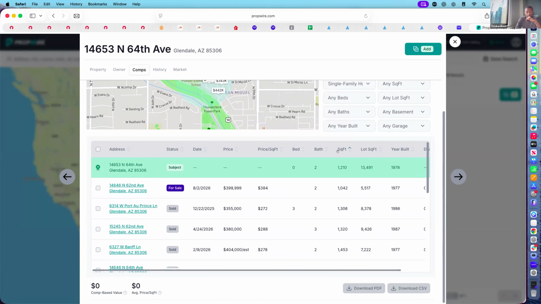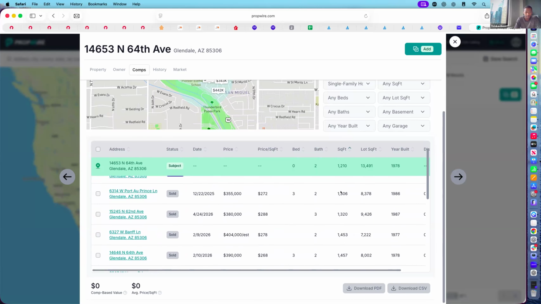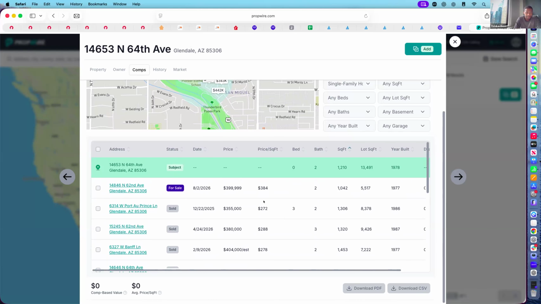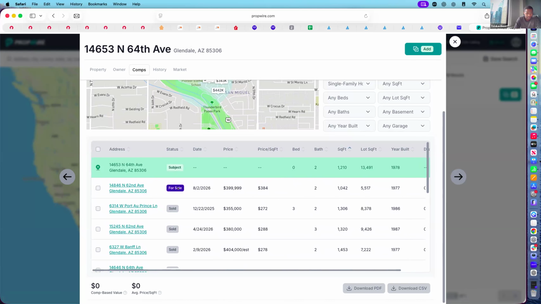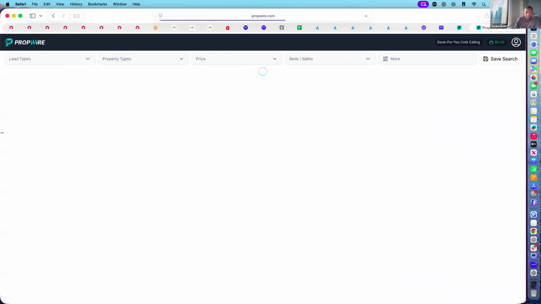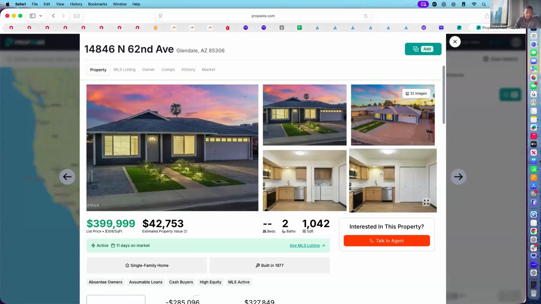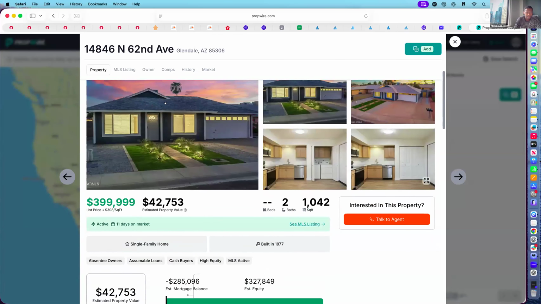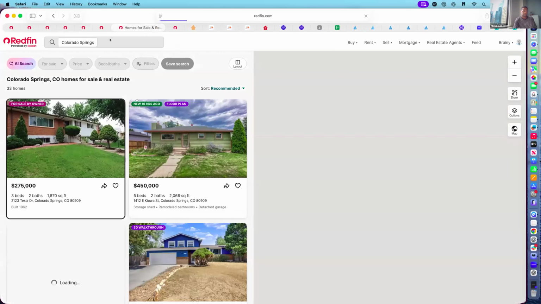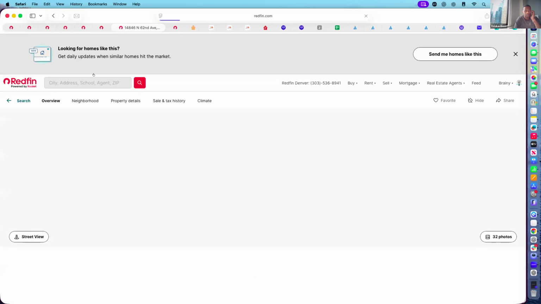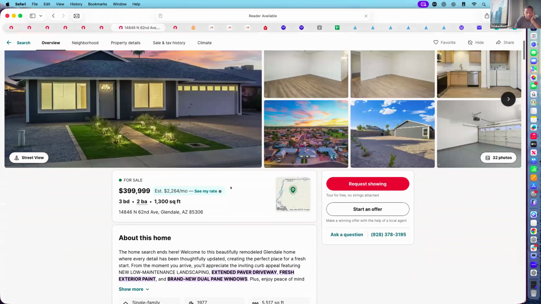So let's go for data that I would use. I'm gonna go closest to my square foot. That's gonna give me lowest to highest. I mean, here's a comp that you can use. It's 400,000 for sale. 1,300 square feet.